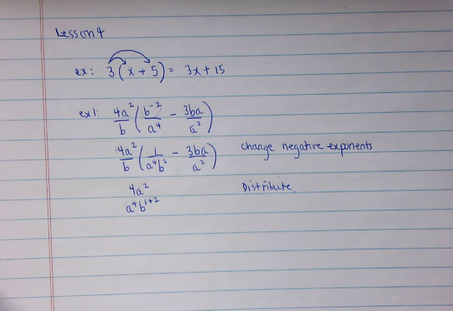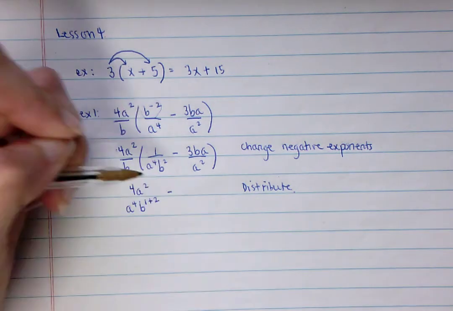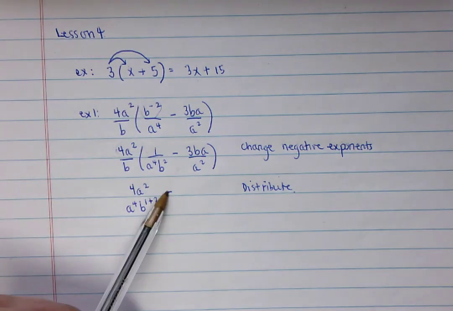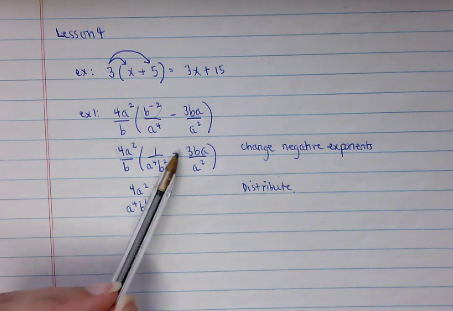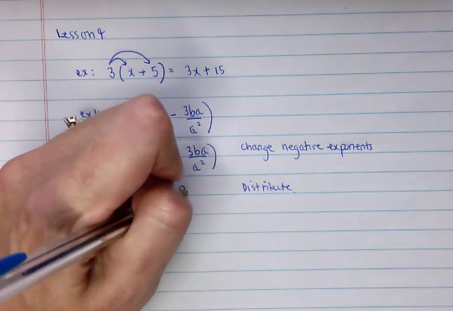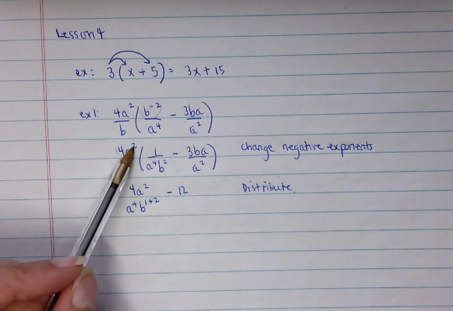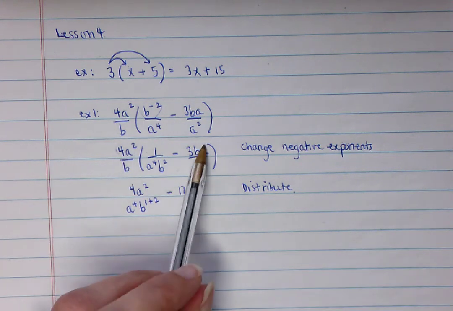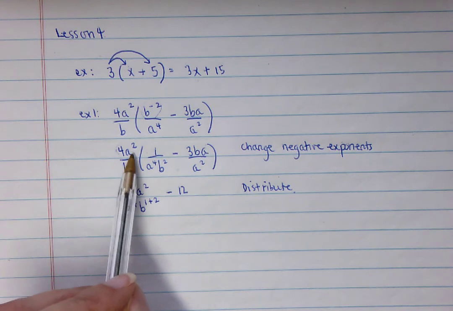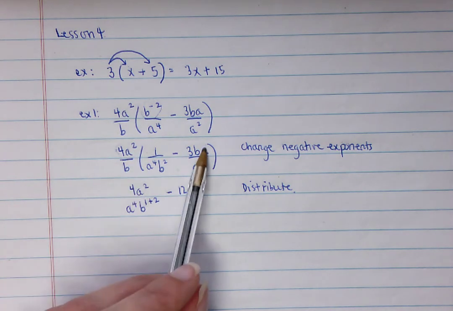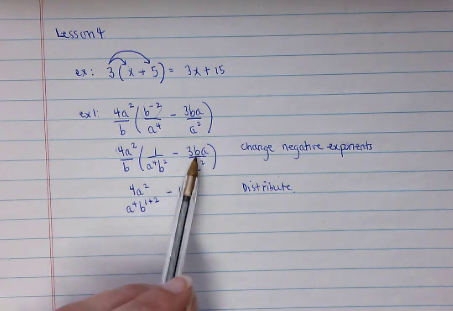Then over here, now we're going to put our minus sign, and then we're going to do 4 times 3, so that's 12. And then this time we have a to the second, times a to the first. So that means it's a to the second plus 1, because this is a to the first.